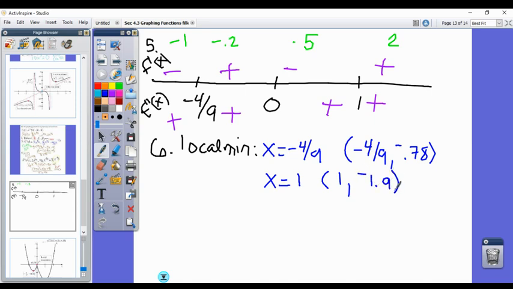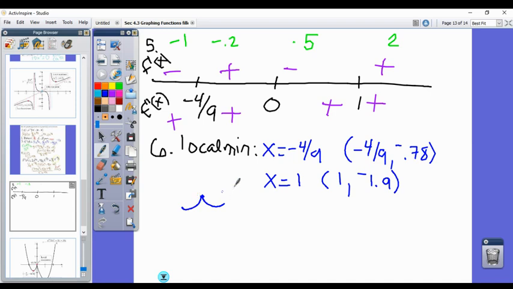Now this one, we actually don't have a local max. We do have a point where our function is increasing and then decreasing at 0, but notice how it's concave up both times. So it's concave up and it's still concave up. We're getting a little cusp or corner point here.